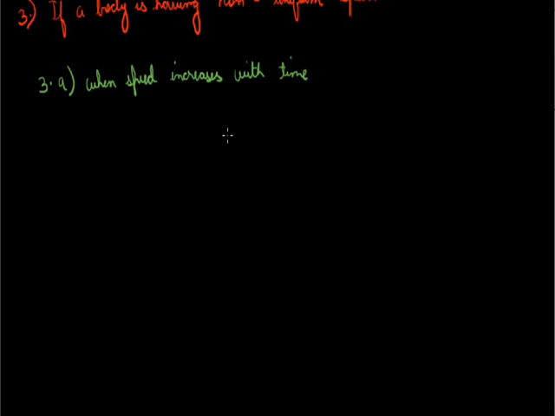When the speed is increasing, then the distance covered in a unit time will also be increasing. Therefore, the distance time graph for a body moving with increasing speed will have this type of graph. This curvy line we get. Let us consider some points on this curvy line.